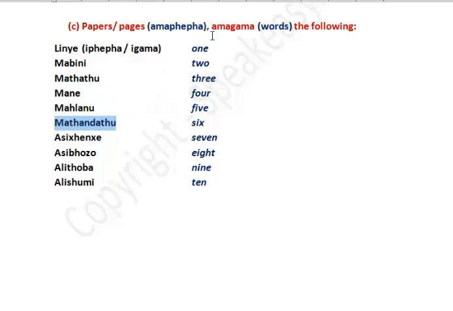Again, up to this point, we see the influence of the ma in the prefix, and it changes from here onwards to a sixhenxe, a sibhozo, a lithoba, a lishumi, and here we only use the initial a in the prefix.